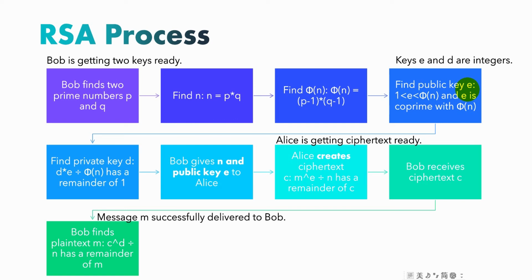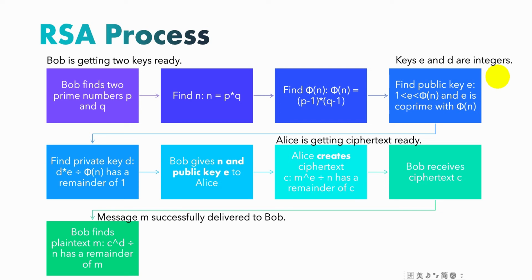So E and phi N only have one factor that is the same, which is 1. E can be any integer that meets those two requirements.